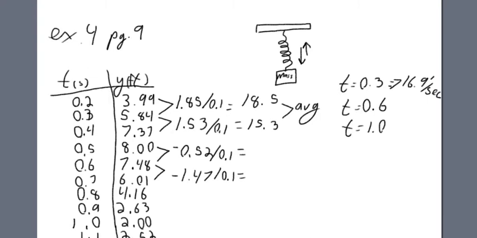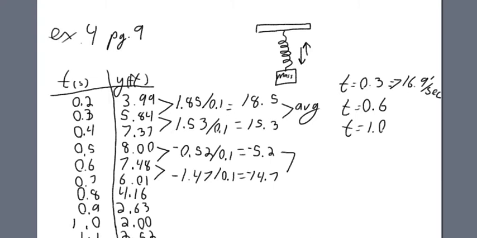When I divide by 0.1, I'm moving my decimal, so I get 5.2 and 14.7. Look at the big difference here. 5.2, 14.7. That's a pretty big difference. Sorry, both these are negatives.